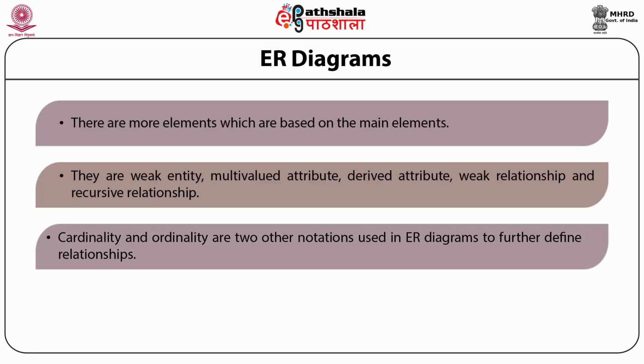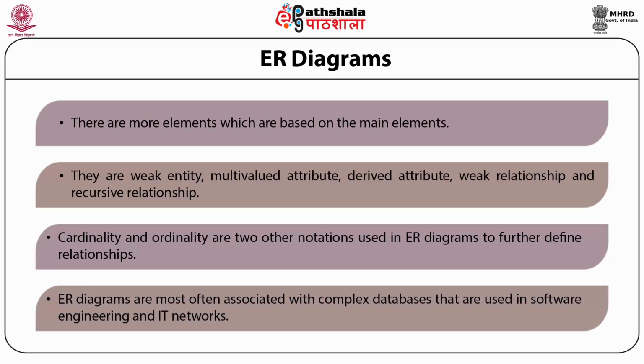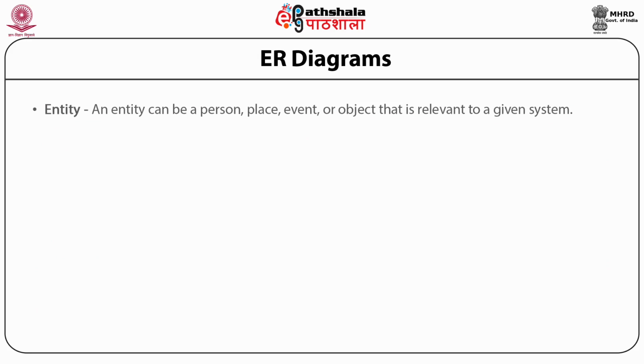Cardinality and ordinality are two other notations that are used in ER diagrams to further define relationships. ER diagrams are most often associated with complex databases that are used in software engineering and IT networks. The entity.